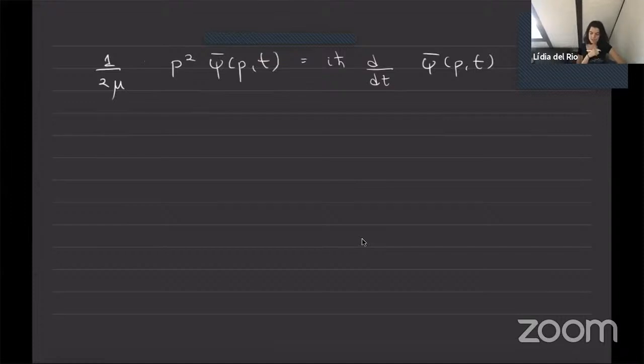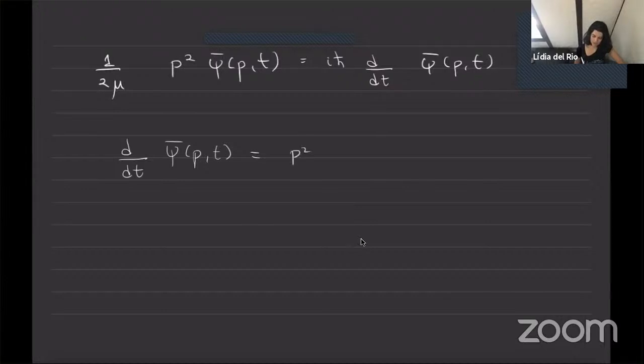Good, let's tidy things up. So let's put only the time derivative on the left-hand side, and let's see what we get on the right. So we get p squared over 2 mu, and here h bar goes to the other side, so it becomes minus i.